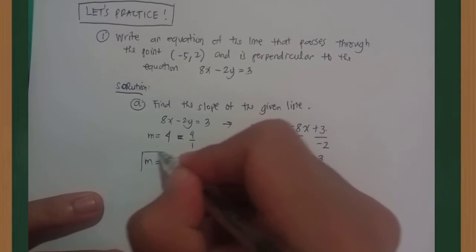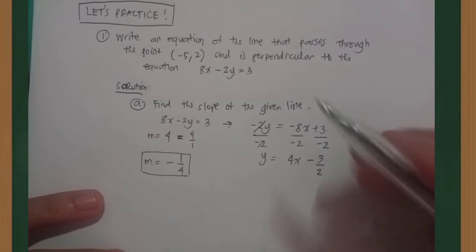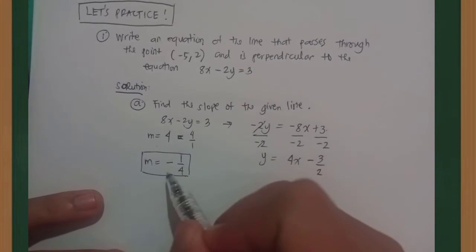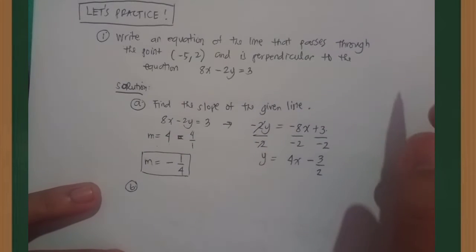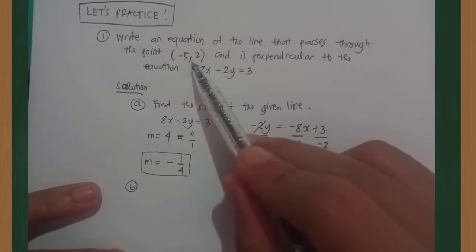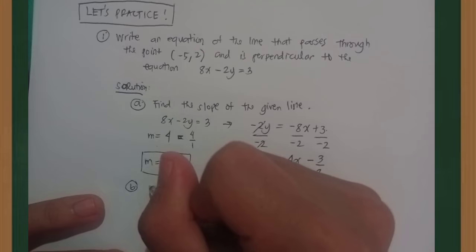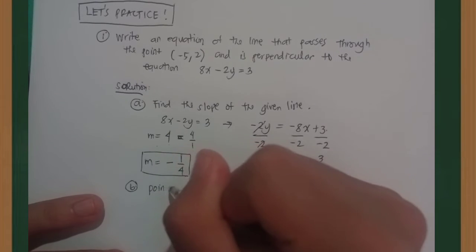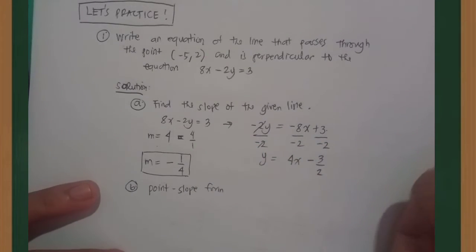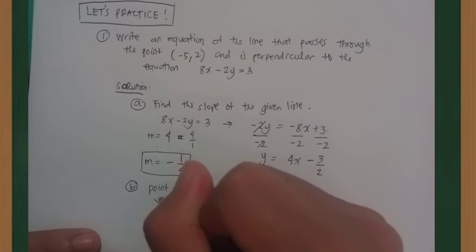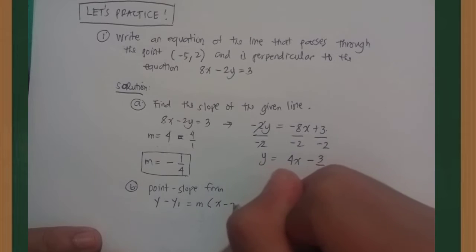After this, the second step: since the slope and a point are given, we will use the point slope form. What is the formula? The formula is y minus y sub 1 equals the slope times x minus x sub 1.